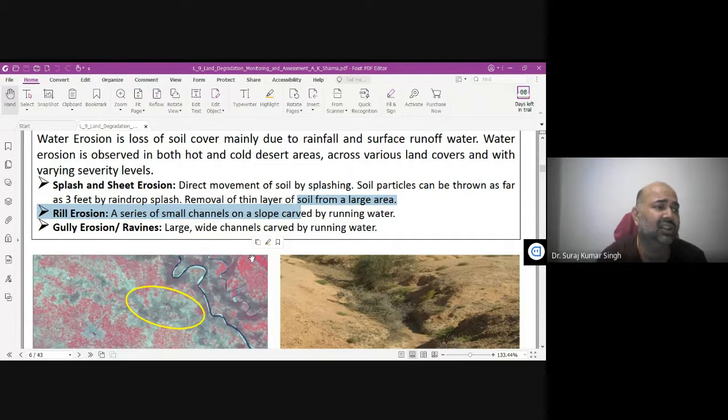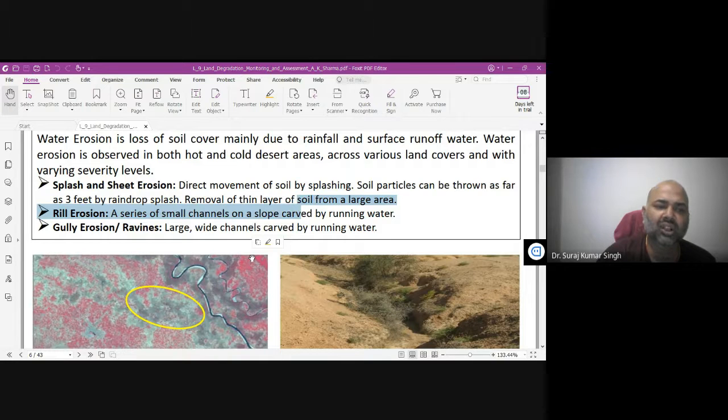As we are already studying, you have to conserve your runoff using drainage morphometric analysis. Then you have to do water budgeting so that the productive soil is not deteriorated and doesn't get taken away.